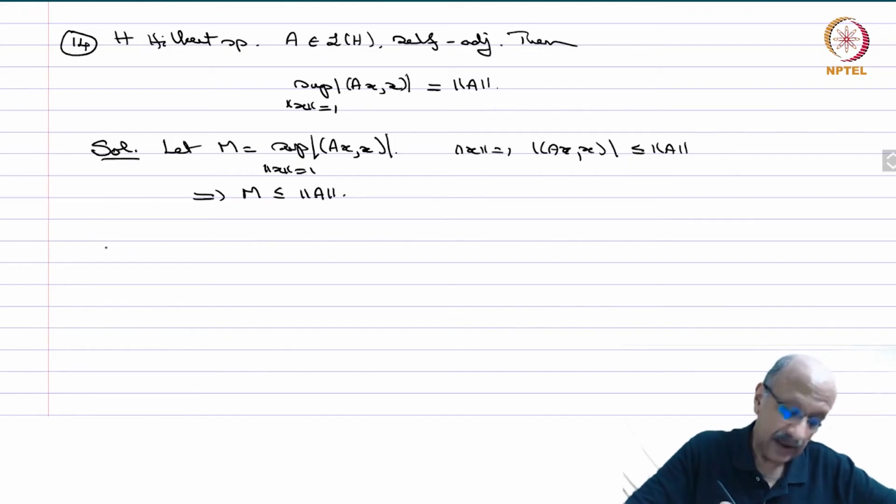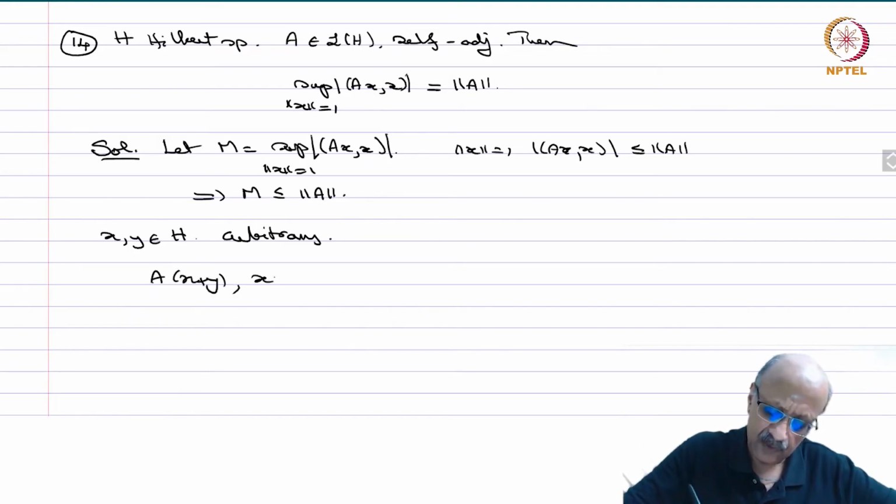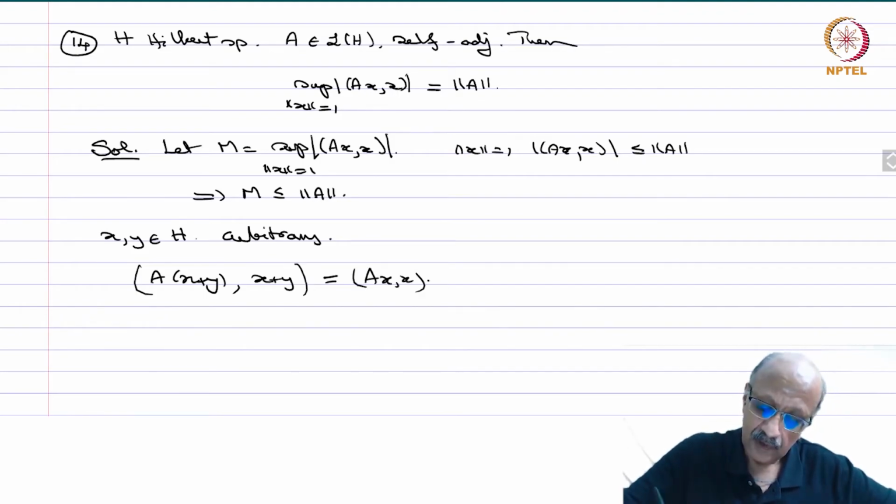Now let x, y in H be arbitrary. So let us compute A of (x plus y, x plus y) equals A(x,x) plus A(x,y) plus A(y,x) plus A(y,y).